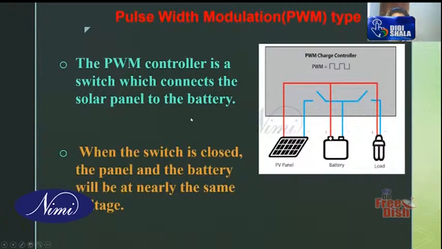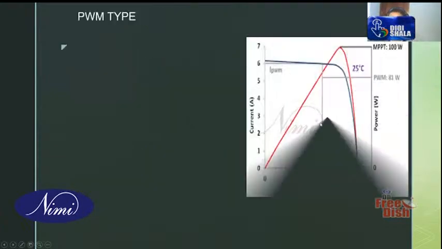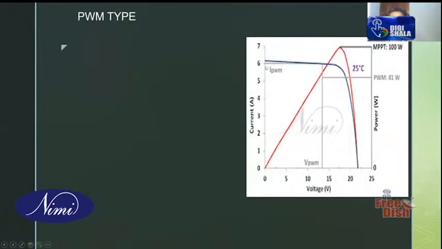I will explain with the IV characteristics curve. This is the IV curve of a solar module, which we have already explained earlier. This blue line is the IV curve at standard test condition, for example 25 degrees Celsius.